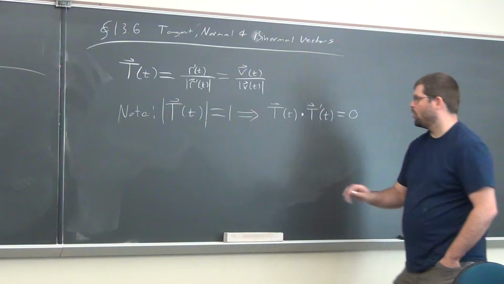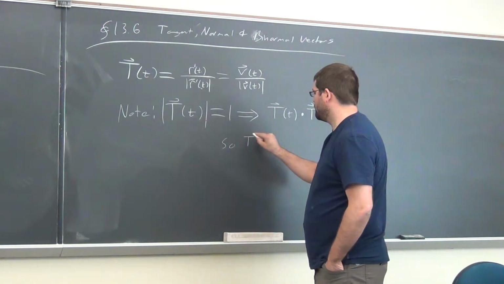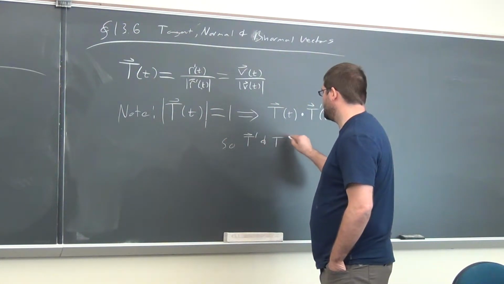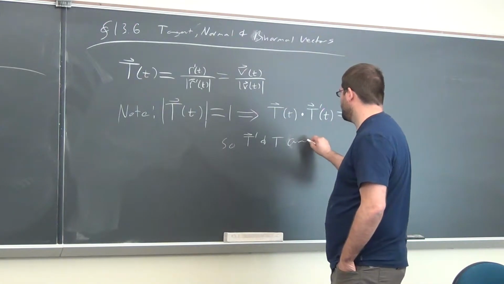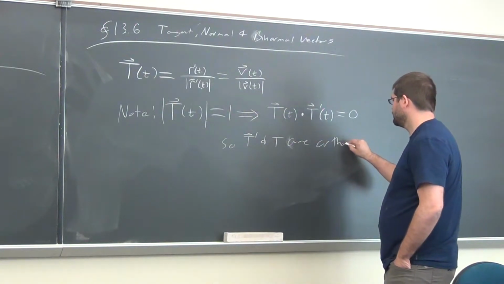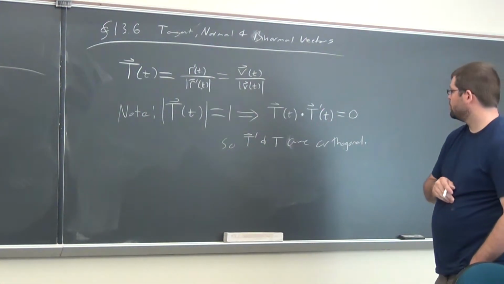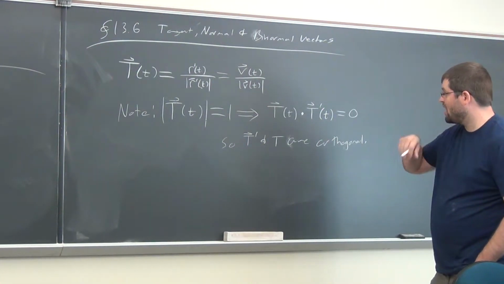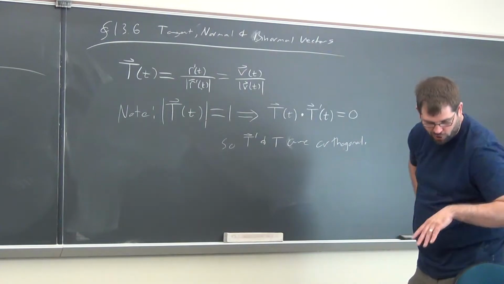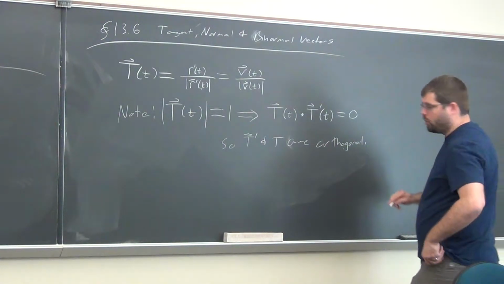So T prime and T are orthogonal, or perpendicular. Your derivative of your unit tangent vector is always going to be perpendicular to your unit tangent vector.